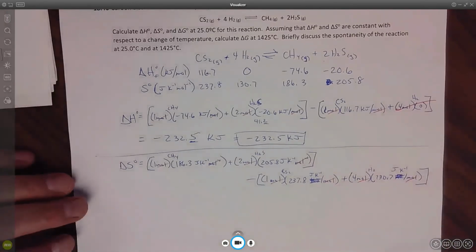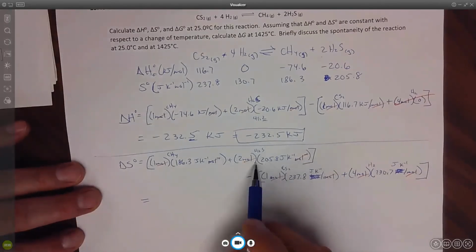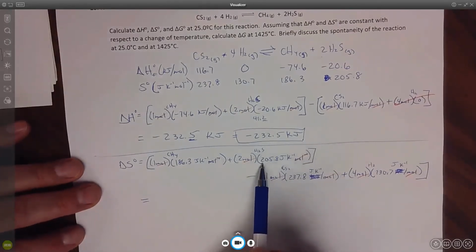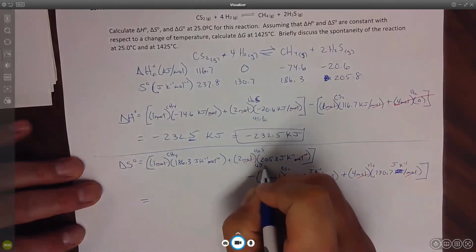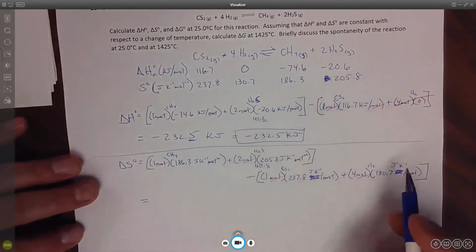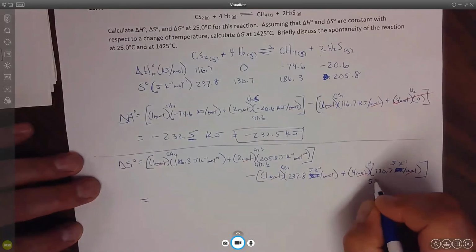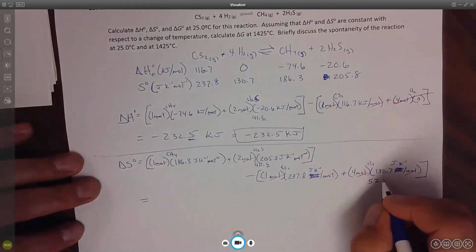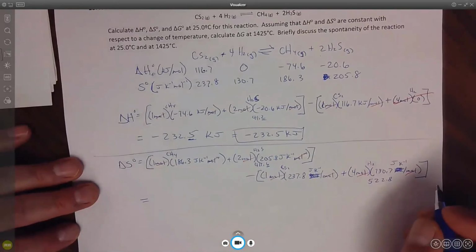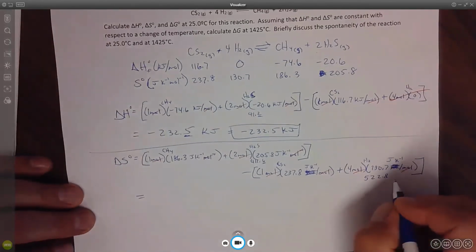Now you'd plug that into your calculator. Again, we have mixed operations. So this is times 2, which is 411.6 joules per Kelvin, and it's 4 sig figs. And then we have 4 times 130.7, which is 522.8 joules per Kelvin.